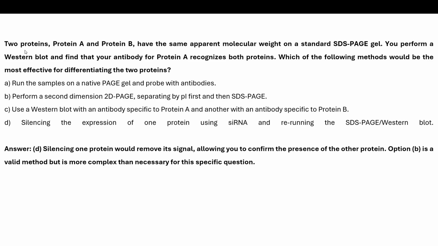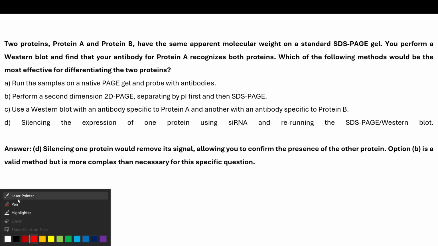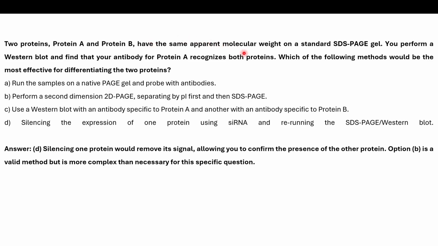now, two proteins, protein A and protein B, have the same apparent molecular weight on a standard SDS page gel. Now you perform a Western blot and find that your antibody for protein A recognizes both the proteins. Which of the following methods would be the most effective for differentiating the two proteins?